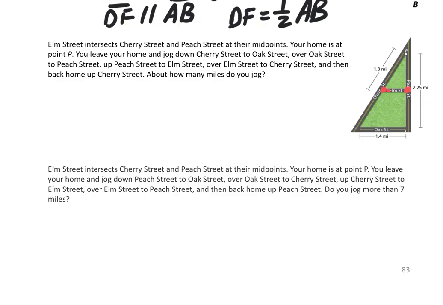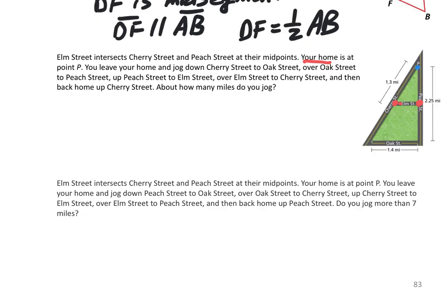We leave home and jog down Cherry Street to Oak Street. Your home is at point P, and it tells me that up here. So here's what we're going to do. We're going to start at point P. We're going to go down Cherry Street to Oak Street, all the way down.